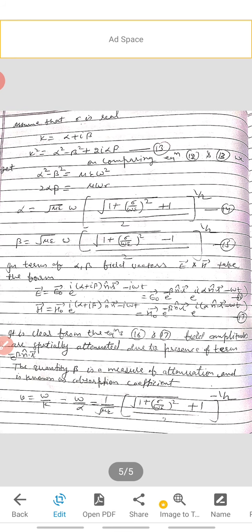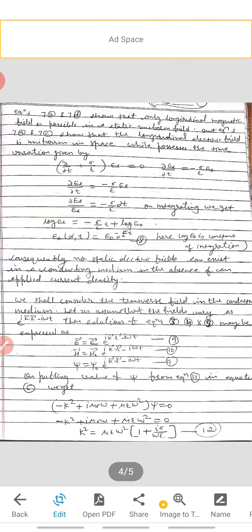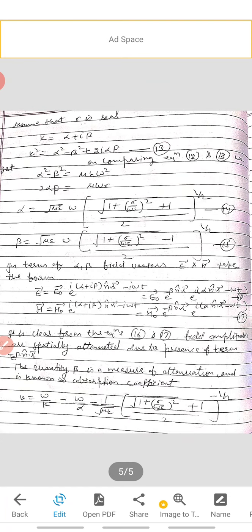And if we compare equations 12 and 13, we get alpha square minus beta square is equal to mu epsilon omega square and twice alpha beta is equal to mu omega sigma. Now on solving for alpha and beta, we get alpha is equal to under root mu epsilon into omega into under root of 1 plus under root 1 plus sigma upon omega epsilon whole square, divided by 2.